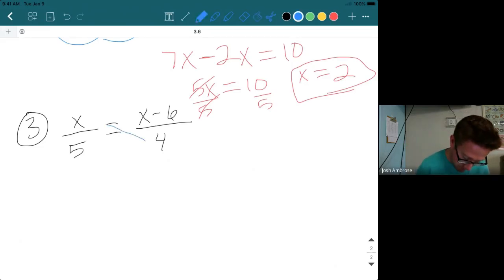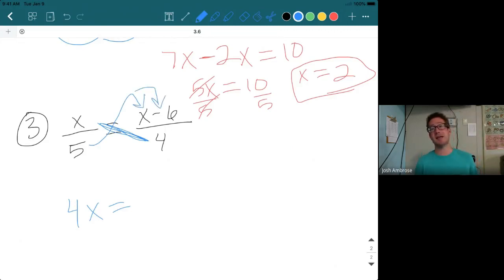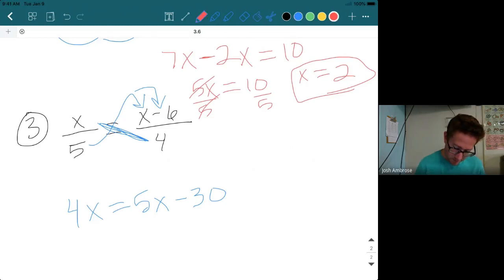So again, cross multiply. 4 times x gives you 4x. Now, the 5 goes to the x, and in this case, a negative 6. So 5x minus 30. Okay, 5 times x, 5 times negative 6. Now, we need to get all the variables on the same side.